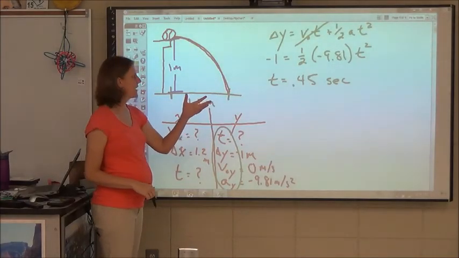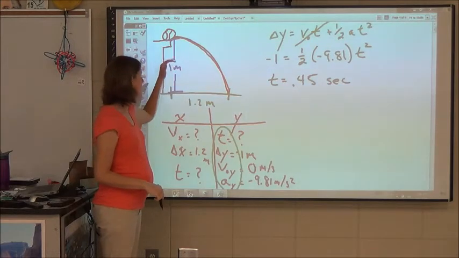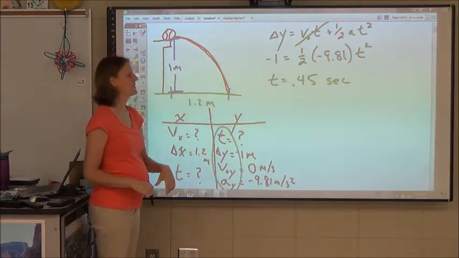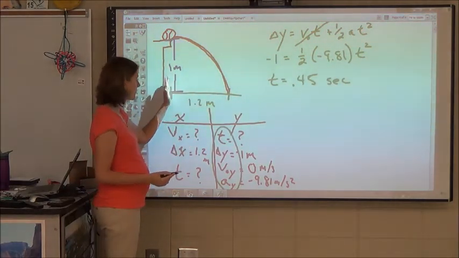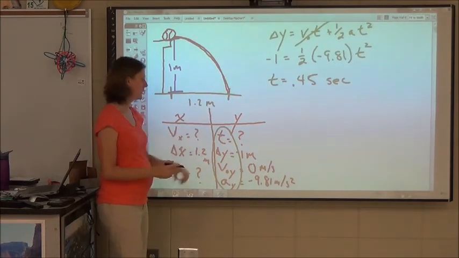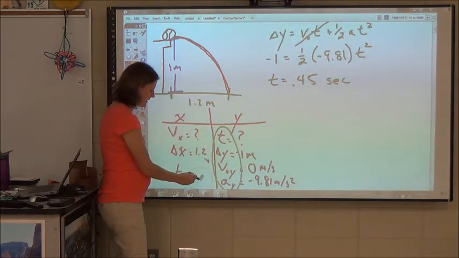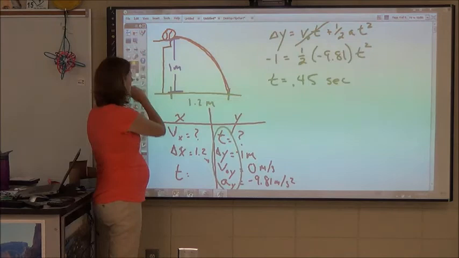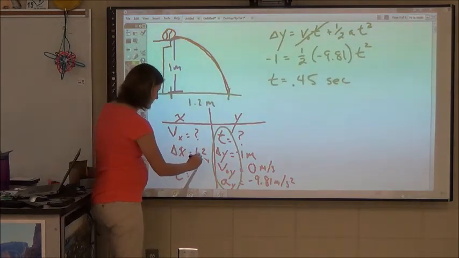Okay, so now that I know the time it takes to fall 1 meter is 0.45 seconds, I know that's also the time it is traveling to the right, 1.2 meters. So I can plug that in now in the x direction.